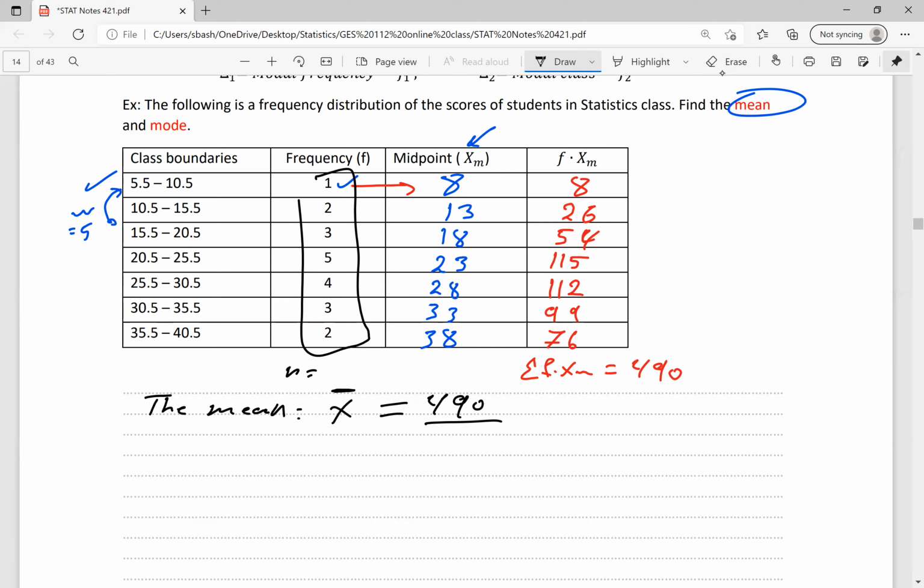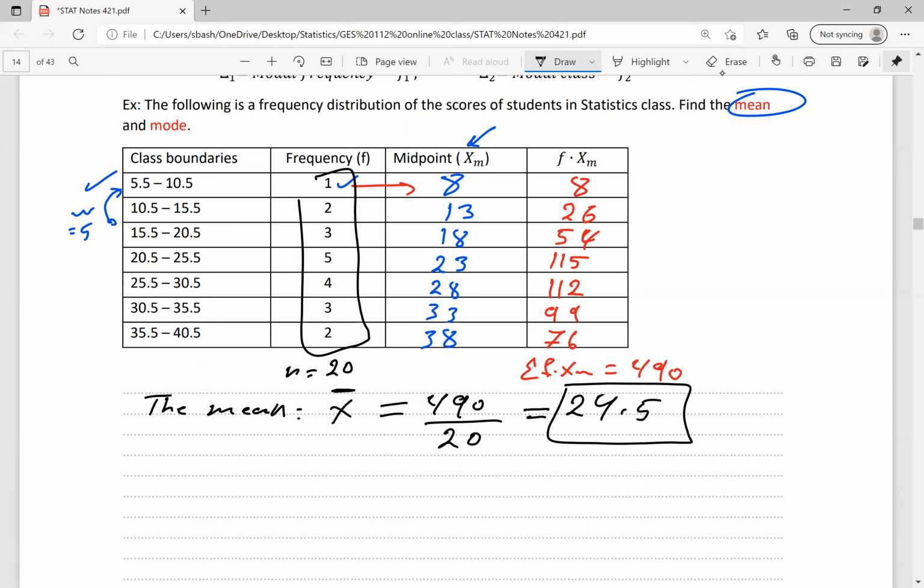I have 1, 3, 6, 11, 15, and n is equal to 20. Just add the frequencies and we will get 20. So it is 490 divided by 20. That will be 49 divided by 2. It is 24.5. So the mean is 24.5.